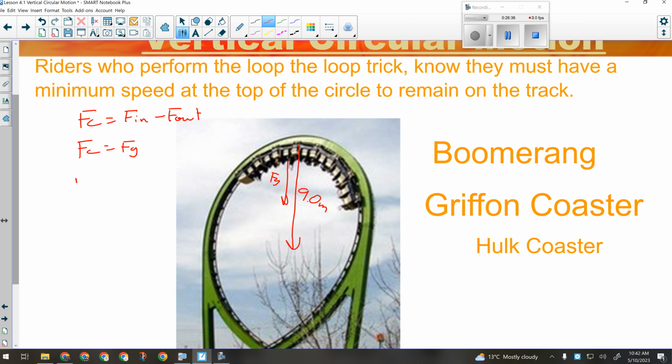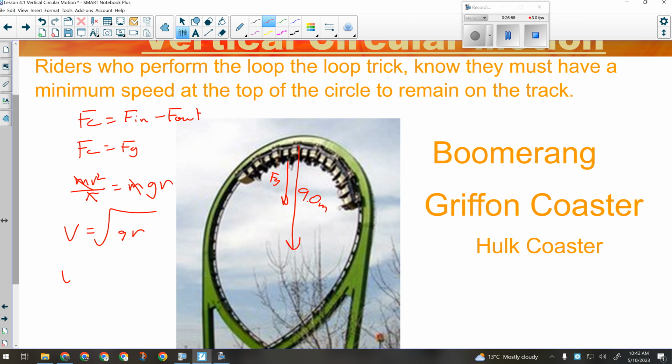So we just said FG, and then went mv squared over r equals m times g. This is something that comes up all the time. Even on a unit exam, a question like this can come up. We're just looking for v, so we multiply both sides by r. The mass cancels, and we're looking at the square root of gr.